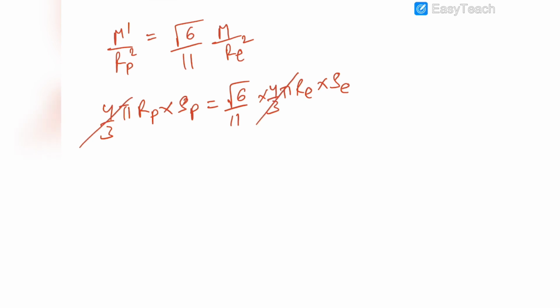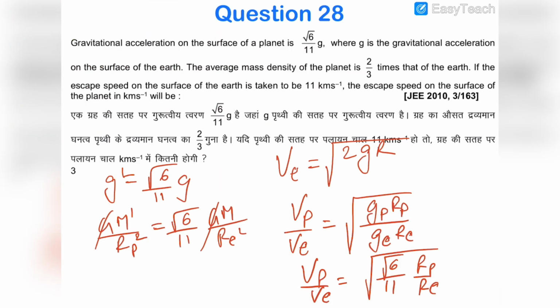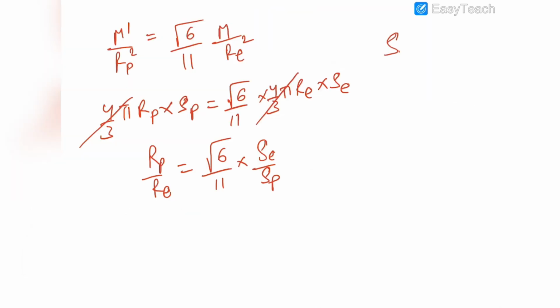So we have to find out Rp by Re. So Rp by Re will be equal to root of 6 by 11 into rho E by rho P, and the average mass density of planet is 2 by 3 times that of Earth. So rho of planet upon rho of Earth is 2 by 3. So rho of Earth upon rho of planet is 3 by 2 into root of 6 by 11.